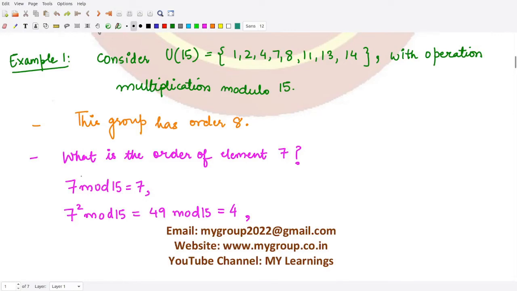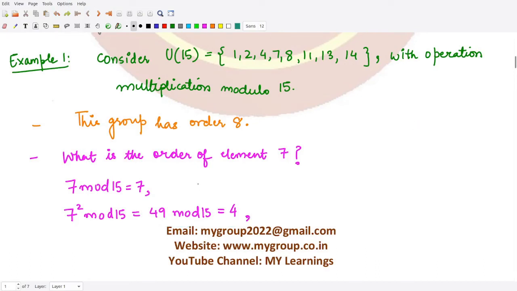Here the power of 7 is 1, so we are just taking 7. If we take 7 square, because the operation is multiplication, we are taking 7 multiplied with 7. So it is 49, and we consider this under modulo 15. Under modulo 15 this is equal to 4, which is again not equal to the identity.